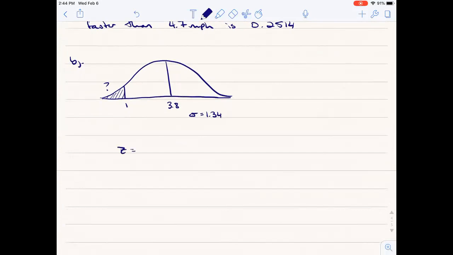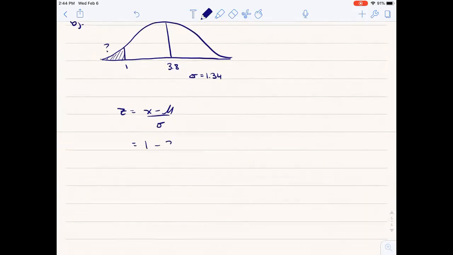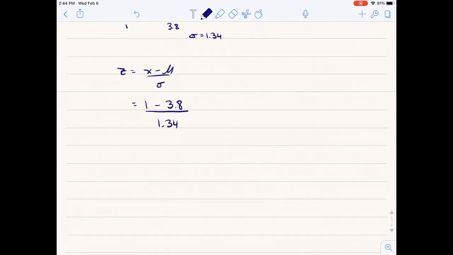Find your Z score. Z is x minus mu over sigma. X in this case is 1 minus 3.8 over 1.34. So negative 2.8 divided by 1.34.